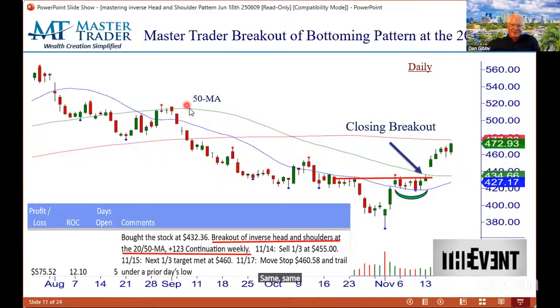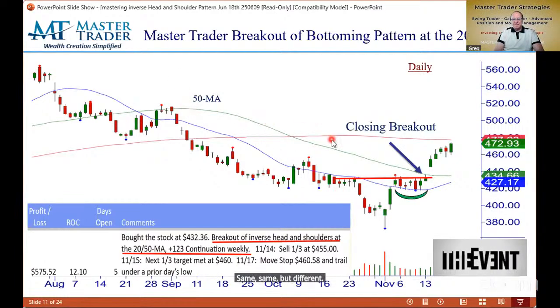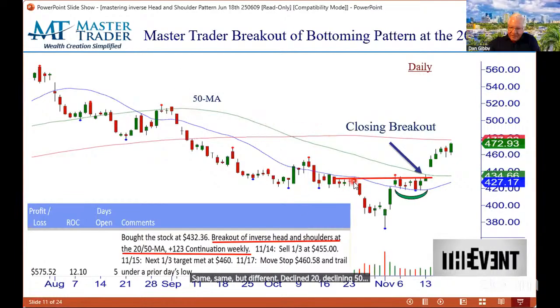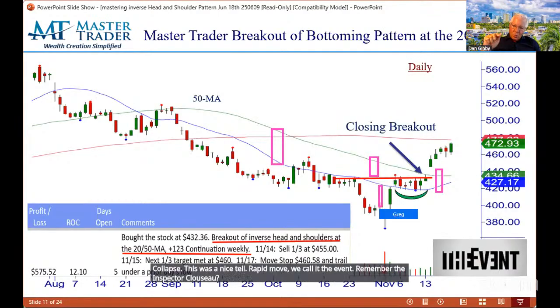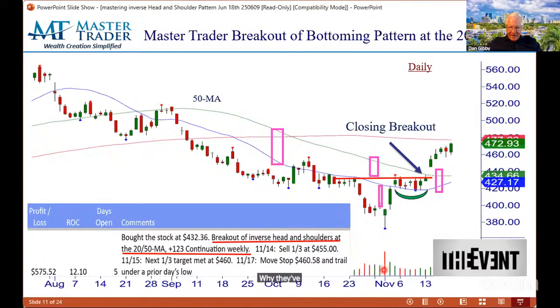Declining 20, declining 50, it's a consolidation in a downtrend, collapse. This was a nice tell. Rapid move. We call it the event. Remember it's Inspector Clouseau. Why did I start watching this? I'll tell you right here. Red bar ignored. Red bar ignored. My right shoulder.